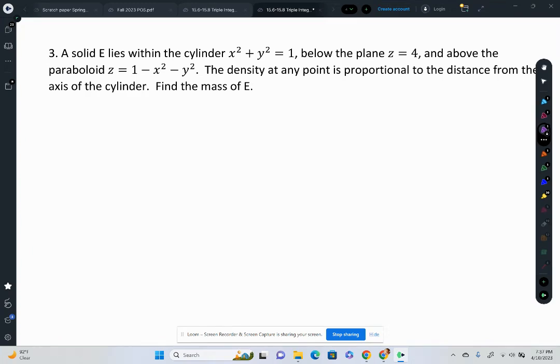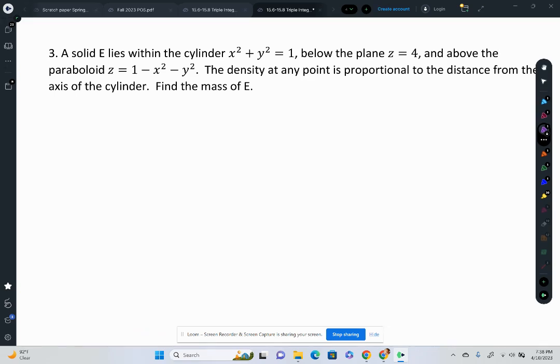So in this one, we're dealing with a solid E, and it lies within a cylinder, x squared plus y squared equals 1. And then below the plane, z equals 4. And above the paraboloid, z equals 1 minus x squared minus y squared. Wow.